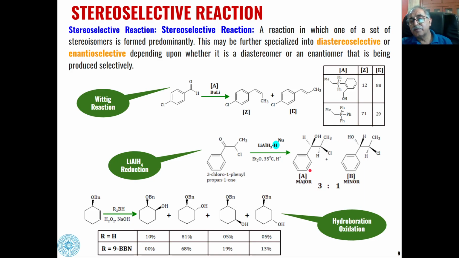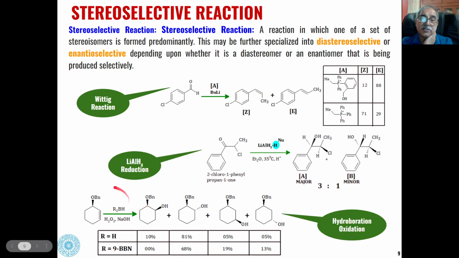It has been found that one is formed three times and the other one time, so they are formed in a ratio of 3:1. So this diastereoisomer is formed in more amount, more predominantly than this one. So this is again an example of a stereoselective reaction.